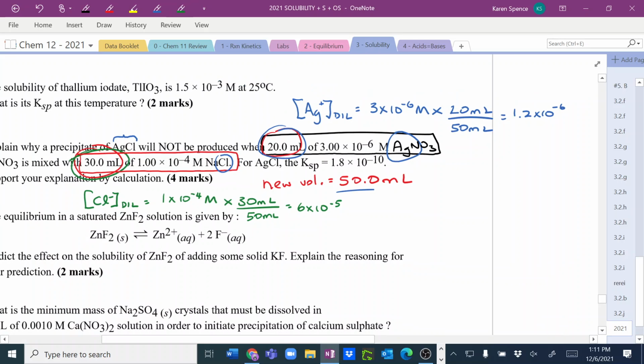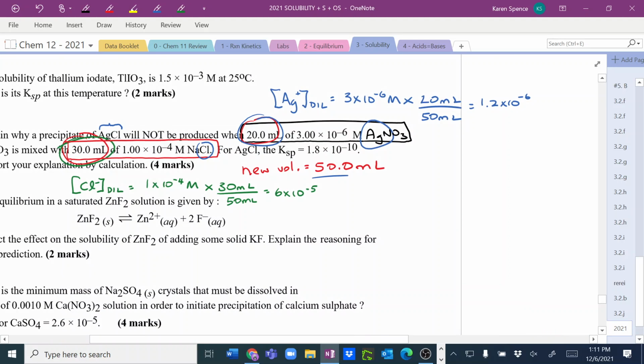So if we do our calculation on that, then we have AgCl, and because this is a written response, you would want to write all of this out, Ag plus, Cl minus.